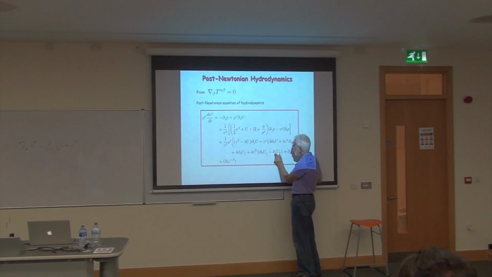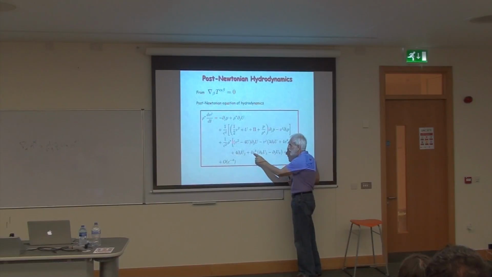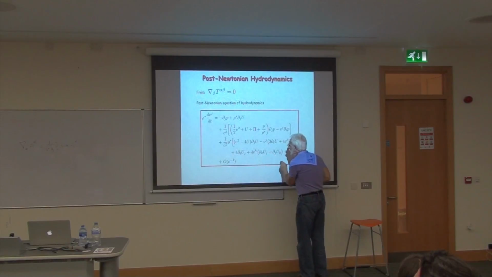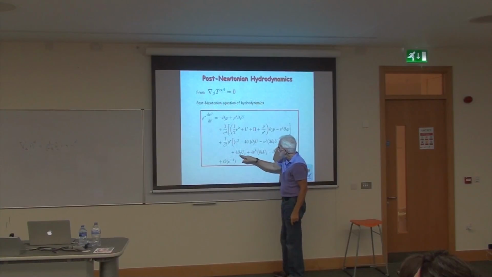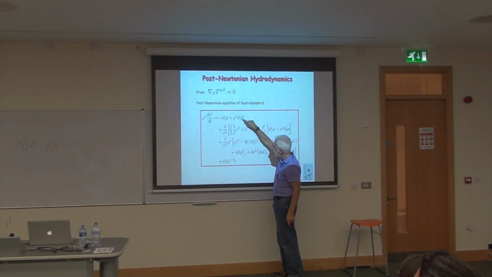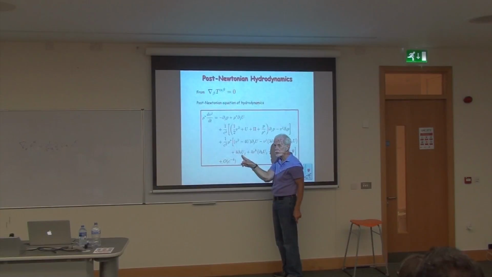Well, this antisymmetric combination is like a curl of a vector potential contracted with the V. So if we define this curl of the vector potential as a kind of gravitomagnetic field, then this would be like V cross B. And if we look at this and the Newtonian potential, this is the gradient of a scalar potential plus a time derivative of a vector potential.